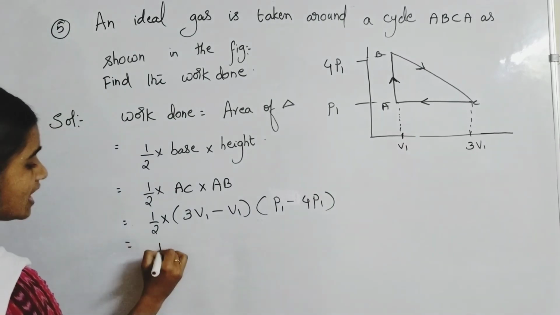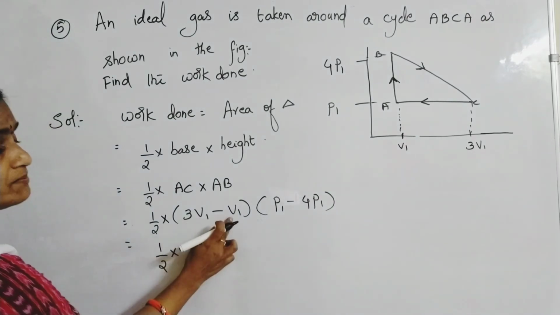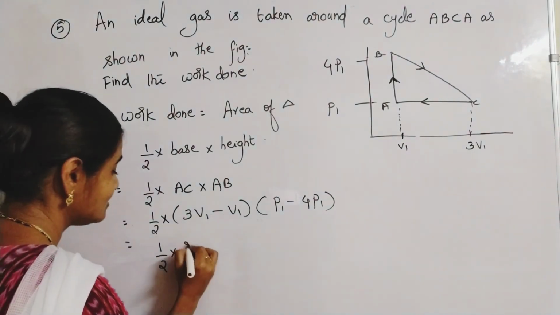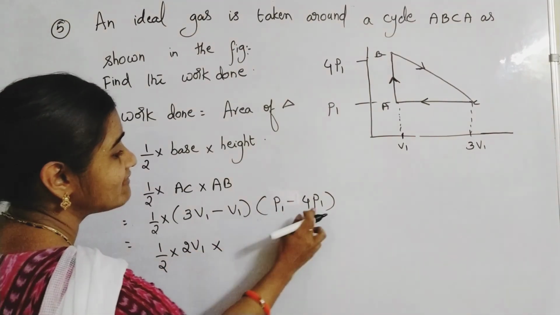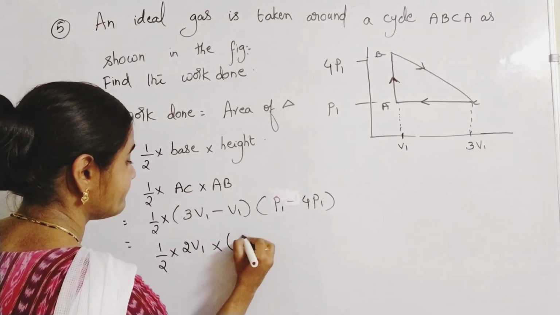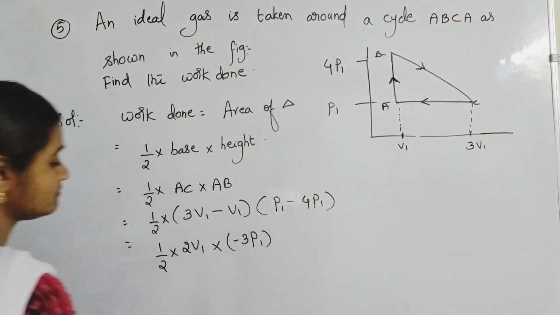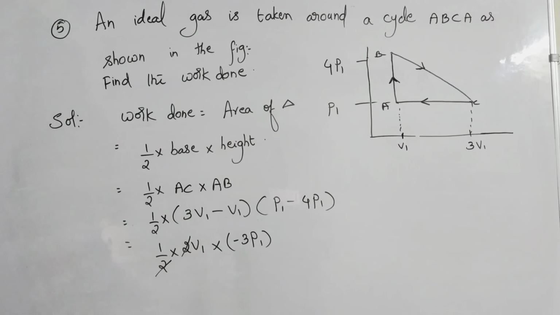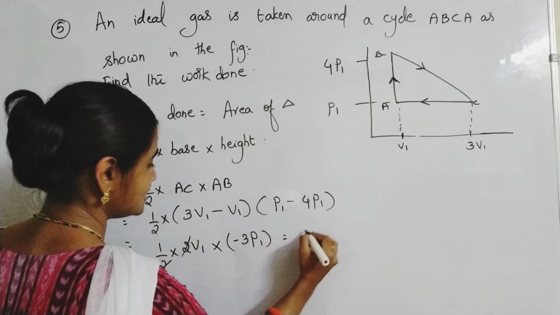Okay, so half into 3V1 minus V1 is how much? 2V1, into P1 minus 4P1, which is minus 3P1. Okay, this 2 gets cancelled. So what answer did you get?